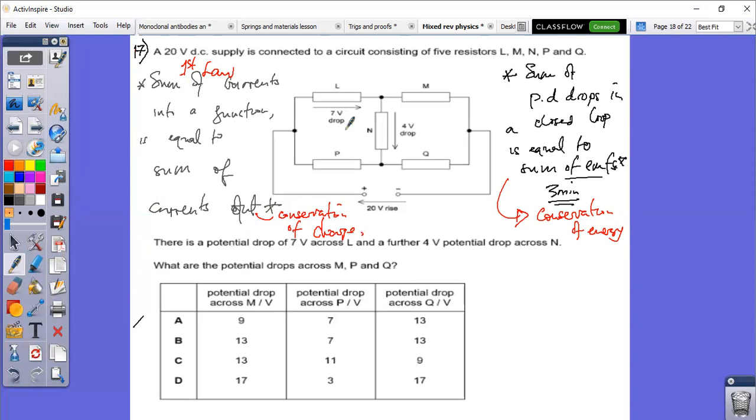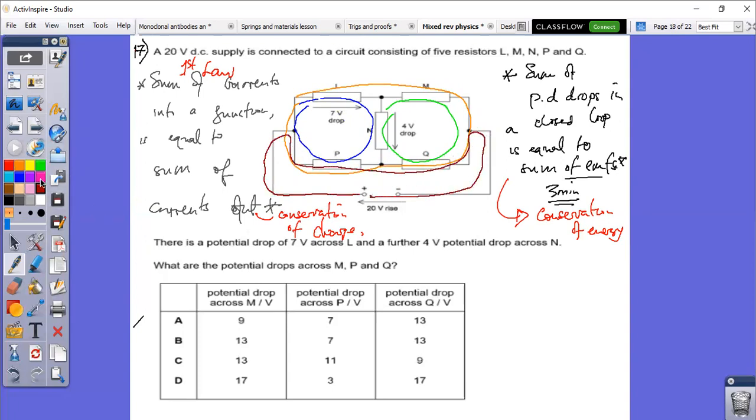So in any loop, that's a closed loop. This is a loop. This is a loop. This is another loop.